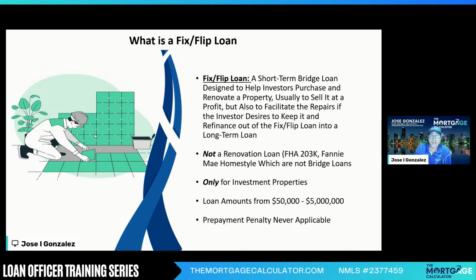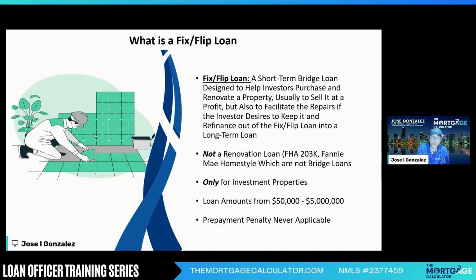The fix and flip loan, the true fix and flip loan, is only for investment properties. Prepayment penalty is never applicable. That's another reason why the fix and flip loans are the way to go when the rehabber wants to buy the property and renovate it with the funds from the flip loan as well, which is like the frosting on the cake, right?